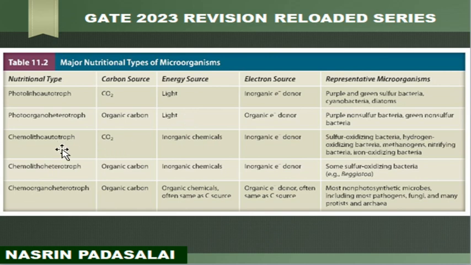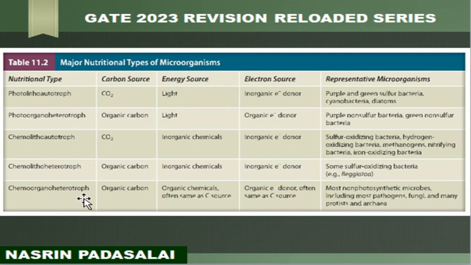In chemolithoautotroph and chemolithoheterotroph, the energy source is inorganic chemicals, whereas in organoheterotrophs, since the name contains organo, the energy source is organic chemicals. For the carbon source, photolithoautotroph and chemolithoautotroph use carbon dioxide since they are autotrophs. For the other three, photoorganoheterotroph, chemolithoheterotroph and chemoorganoheterotroph, the carbon source is organic carbon.